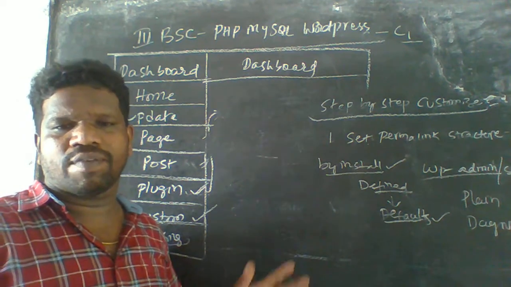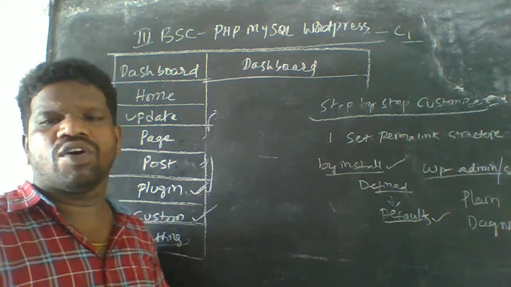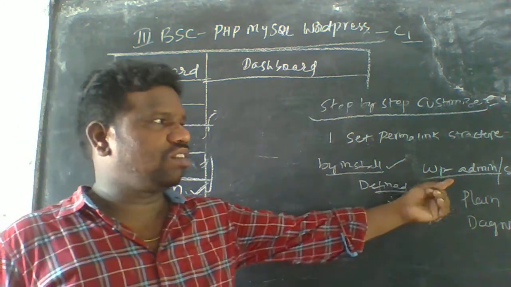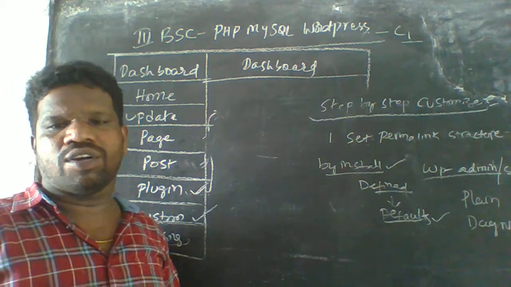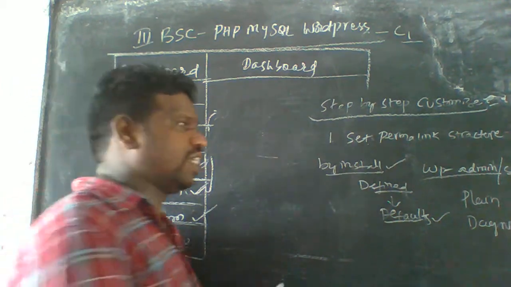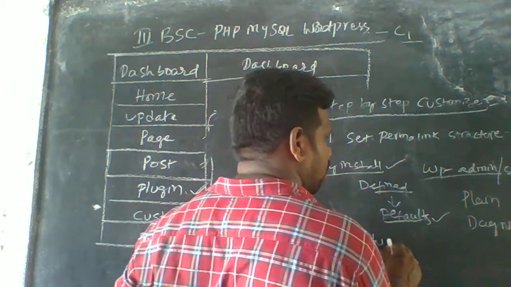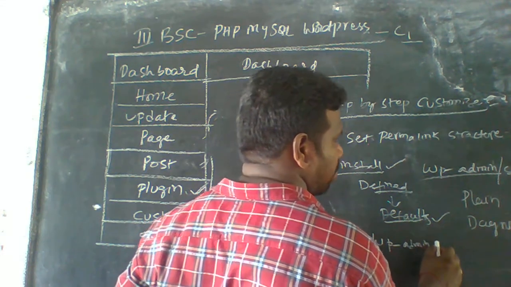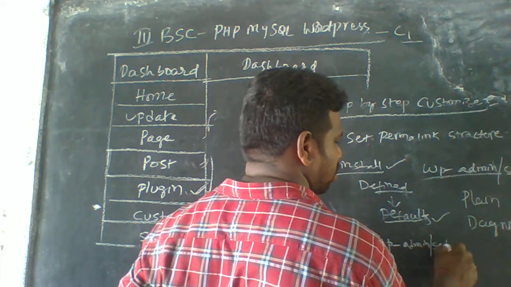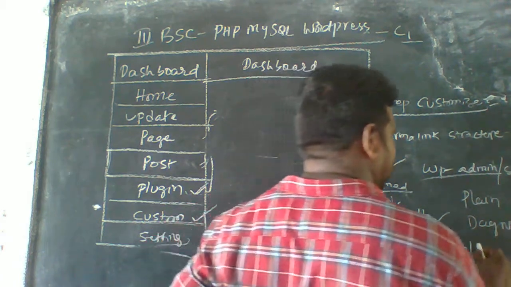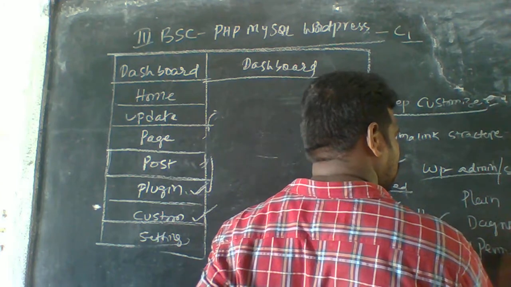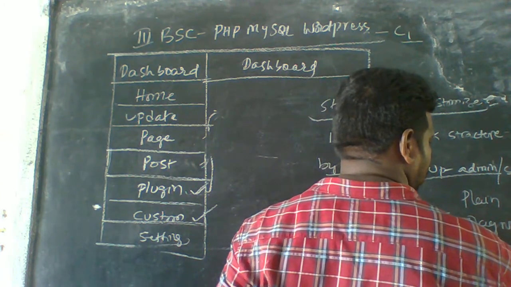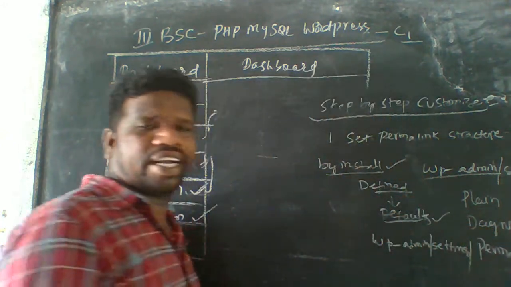If you want your website to rank in Google for any keyword, you have to go to your wp-admin settings and permalinks, and also reading. Reading is also available here.